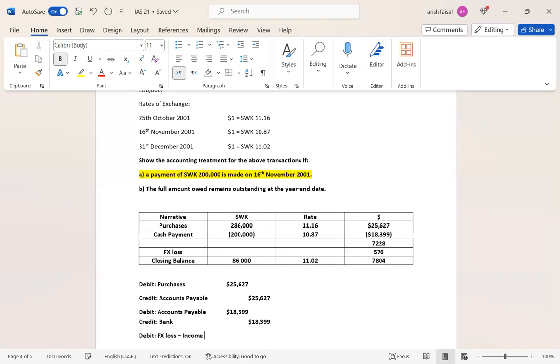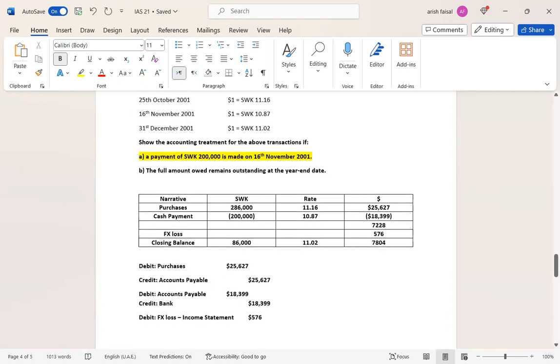So here I will say foreign exchange loss with the amount of 576, and credit will be my accounts payable. So by the end of the year, the liability will stand at 7,804 in the balance sheet for accounts payable.